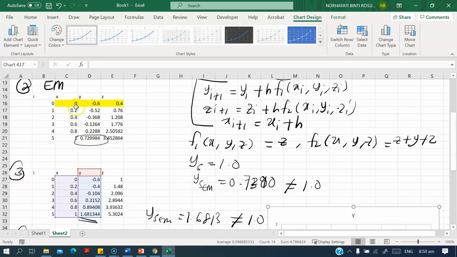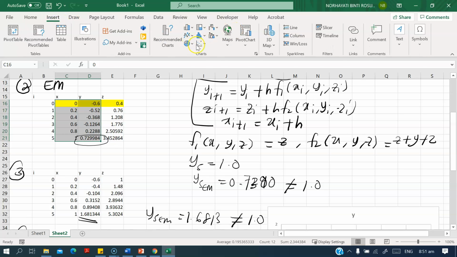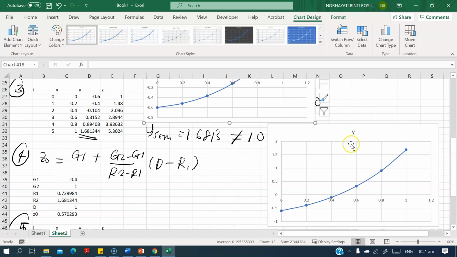And if, for example, I plot the first guess here, insert the graph, I can see 1.0 is above 0.8 here, so you only got 0.7 something, which is not equal to the actual one.